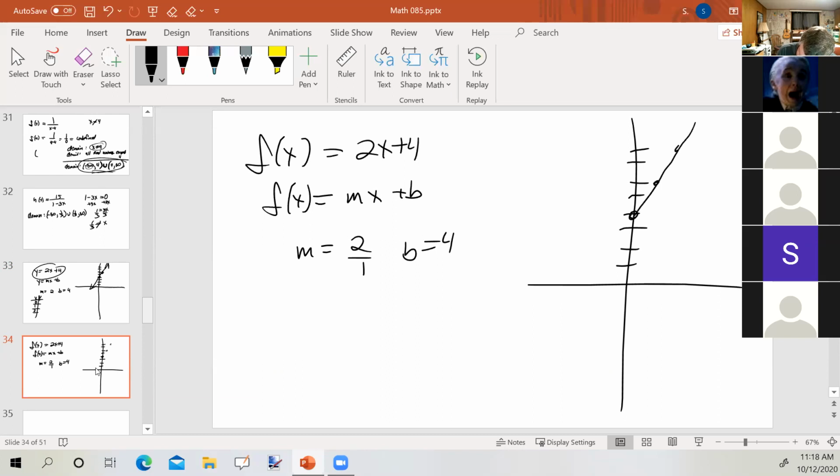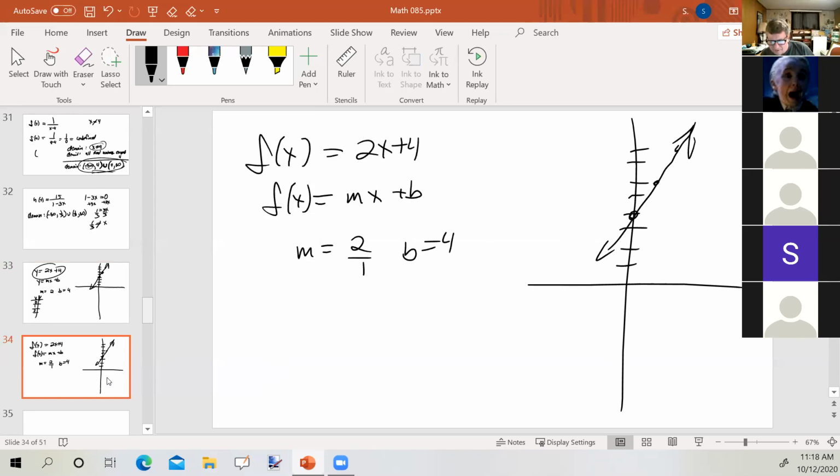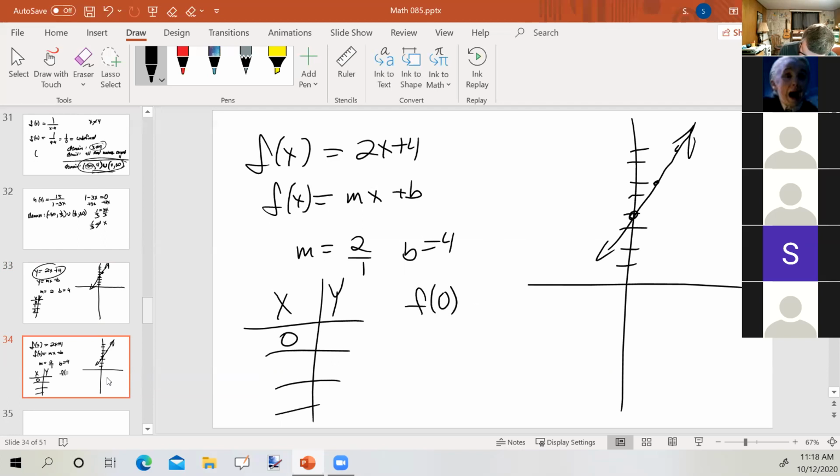So you'd be plotting the exact same points. You should get the exact same graph. Likewise, you could make a table and put in an x value and then find f of 0, etc., etc. So don't go out and create an entire new universe based on function notation. Functions are equations. They behave like equations. They just behave like specific equations where for each input, there is exactly one output.